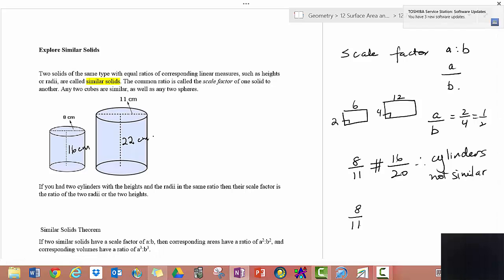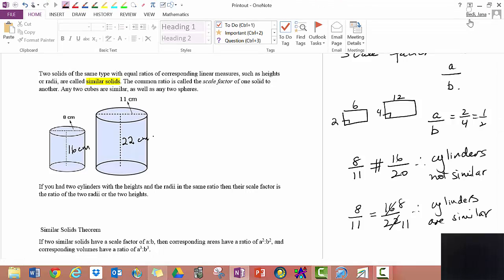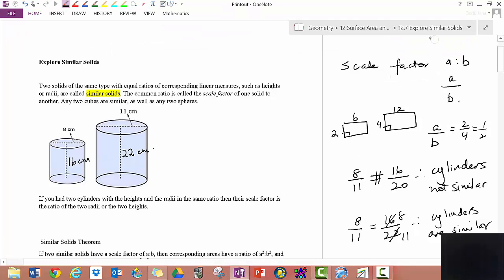You go 8 over 11 is equal to 16 over 22, and I see that on the right hand side I could reduce this to 8 over 11. So they're both similar, therefore the cylinders are similar. And this is what we are going to focus on.